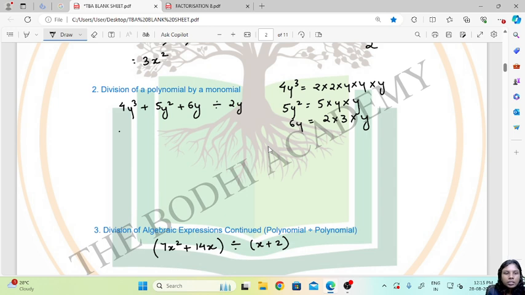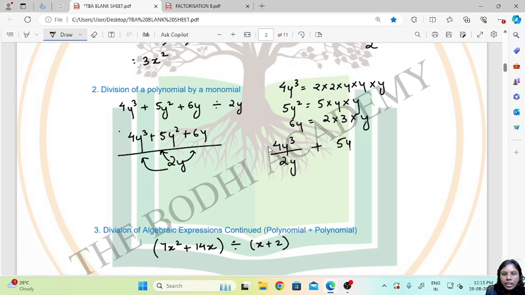Another method is the easier way round. We take 2y cube plus 5y square plus 6y upon 2y. Now this 2y we can give individually to all of them, correct? So we can write 2y cube upon 2y plus 5y square upon 2y plus 6y upon 2y.